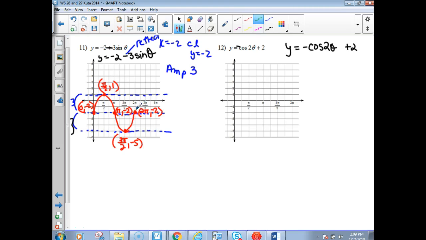After that, you could extend the graph. And that's all you'd have to do for that.